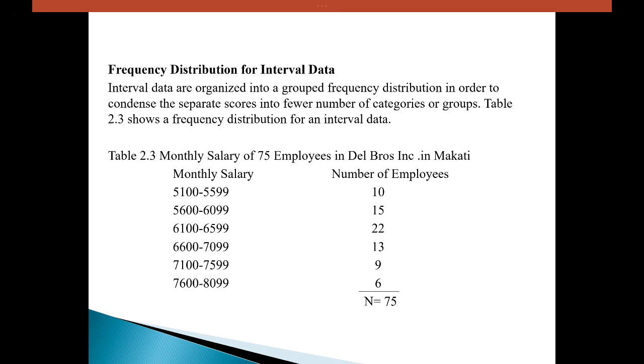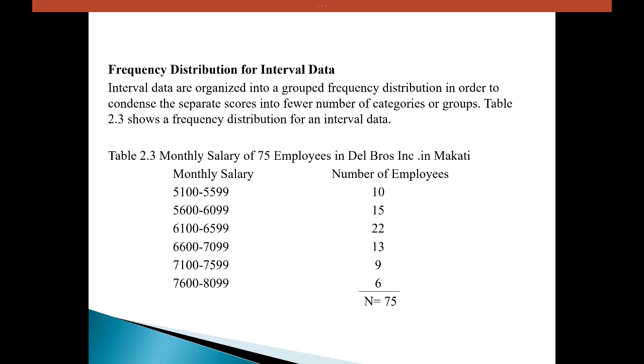So interval data are actually organized into group frequency distribution in order to separate the scores into fewer categories. So instead of having random data, you need to organize it and put it into a distribution table like this.